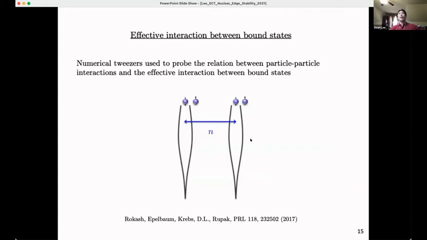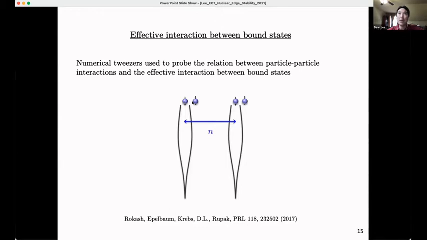Okay, so we wanted to understand a little bit better what was going on with these effective interactions between the bound states. So we did this little calculation for a simple 1D system of dimers. And what we did was we used what we call numerical tweezers by actually pinning down the spin down particles.